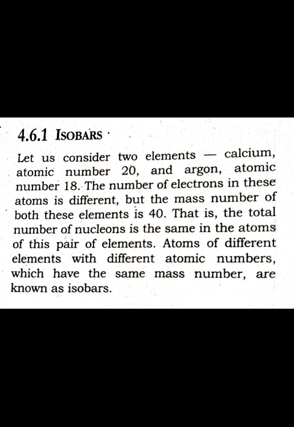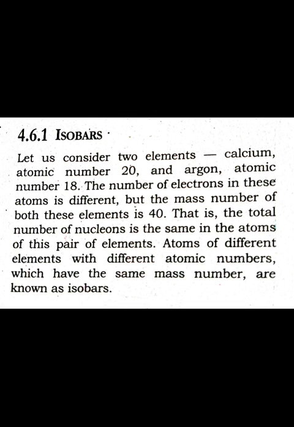But in certain elements, like calcium and argon, here calcium atomic number is 20 and argon atomic number is 18. The number of electrons in these atoms are different. But the mass number of both these elements is 40.